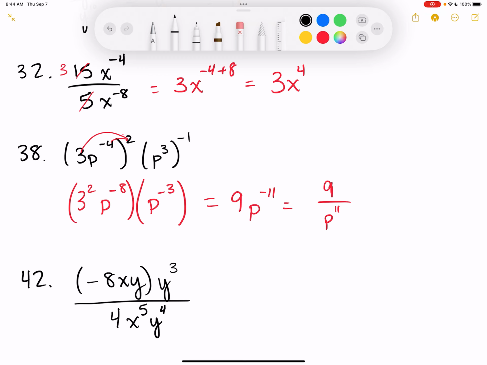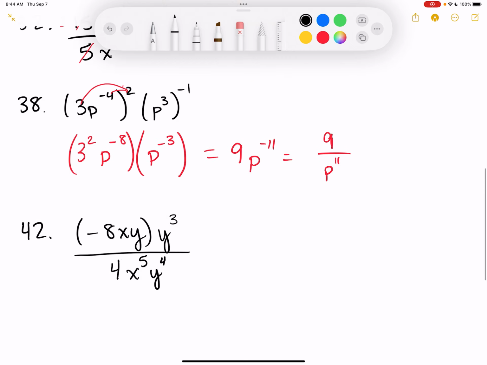So initially here, I don't see any negative exponents, so that's always exciting. Nothing that I'm thinking initially I need to move. But I do see some x's on the top and bottom and y's on the top and bottom. So I'm sure I'm going to be doing some reducing. So I want to combine stuff top and bottom, as well as go ahead and cancel that 4 and 8.